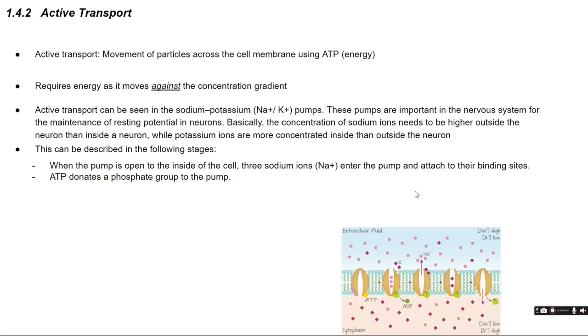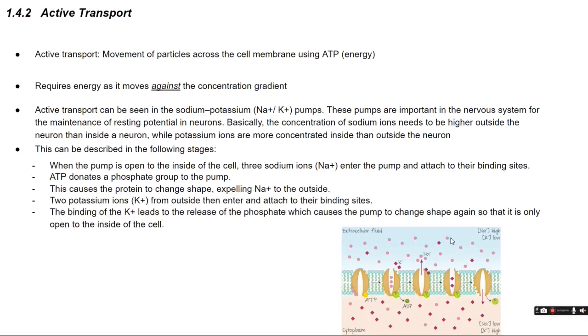Then ATP donates a phosphate group, as we see right here, to the pump, and this causes the protein to change shape and expel the Na plus ions to the outside. Then two potassium ions from the outside enter and attach to their binding sites right here.